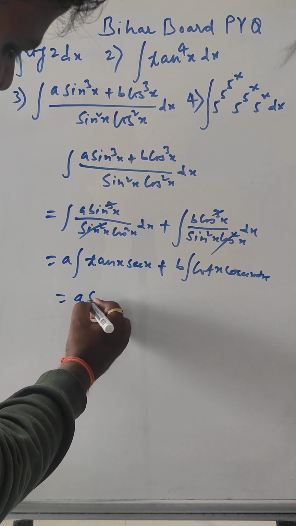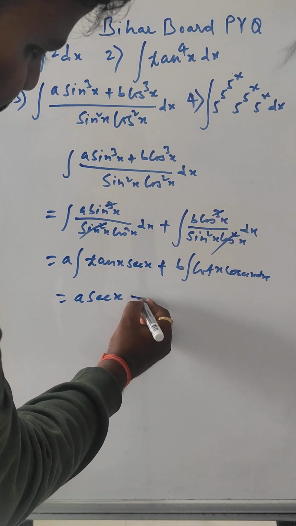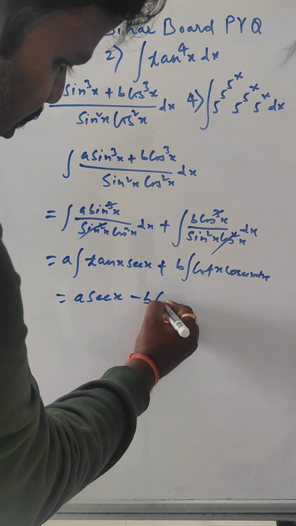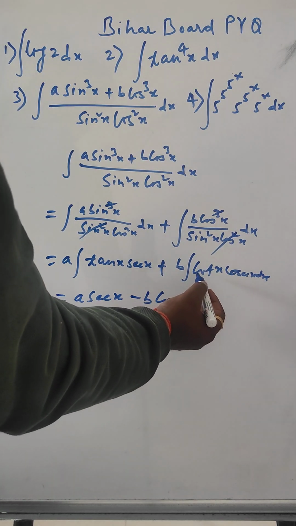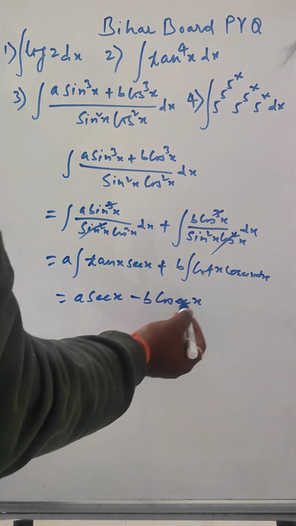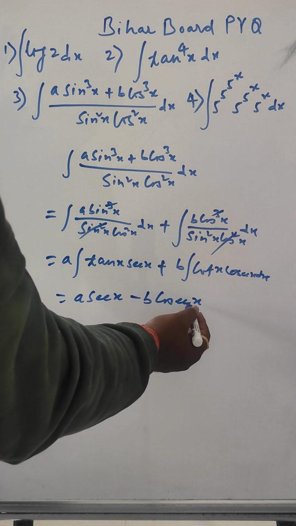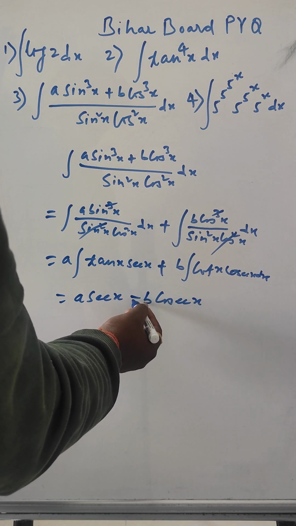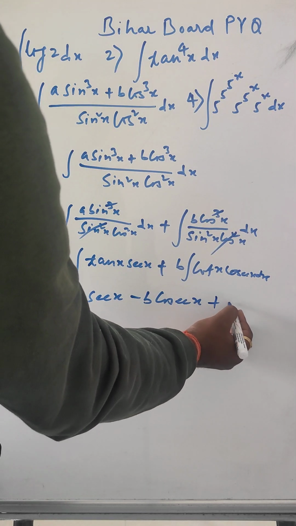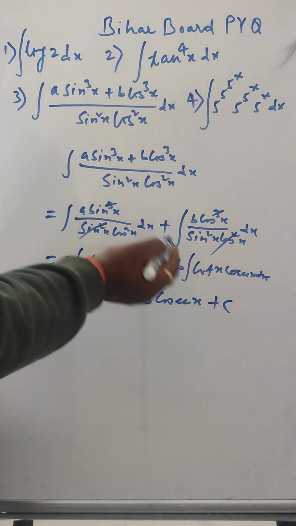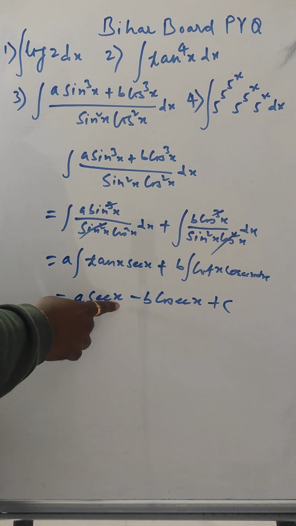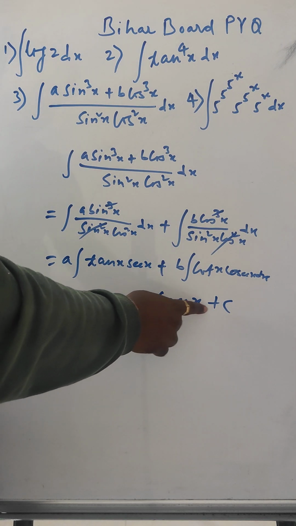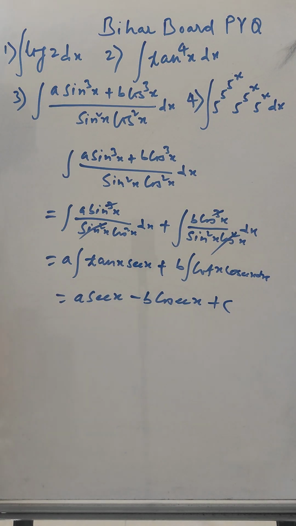So a sec x minus b cosec x, because the integration of cot x cosec x is minus cosec x. That's why there is a minus here. And plus c. So this is the answer to your third problem. What is the answer? a sec x minus b cosec x plus c.